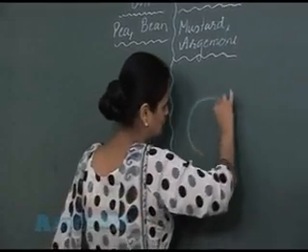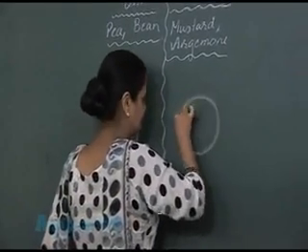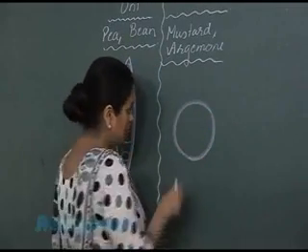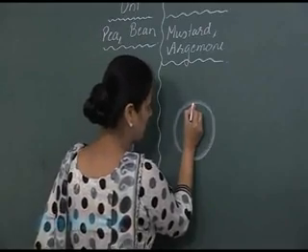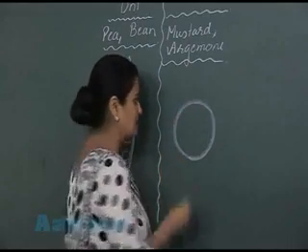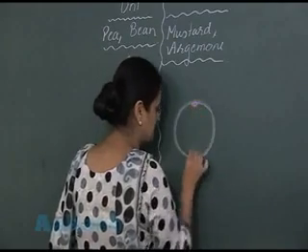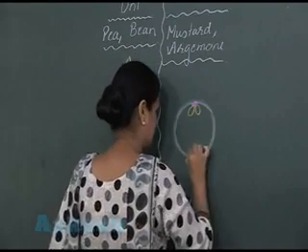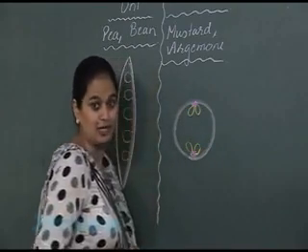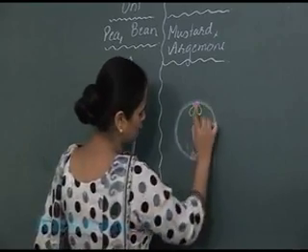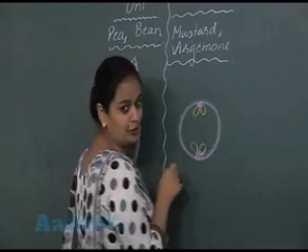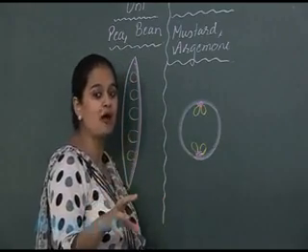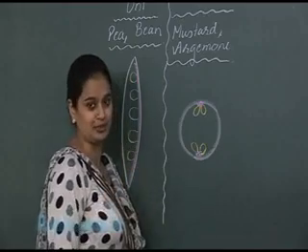In parietal placentation, the placenta is present on the inner wall of the ovary, and over the placenta there are ovules.